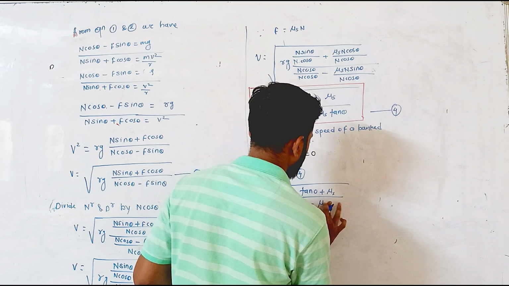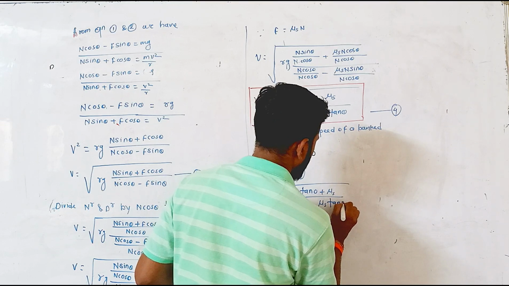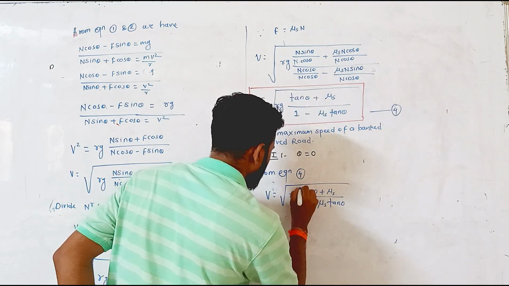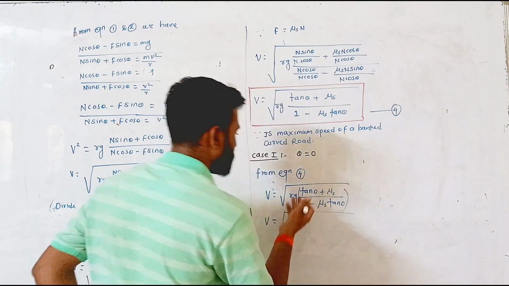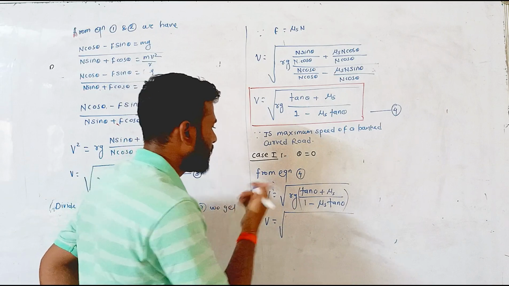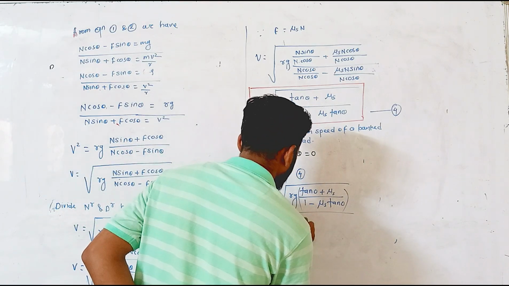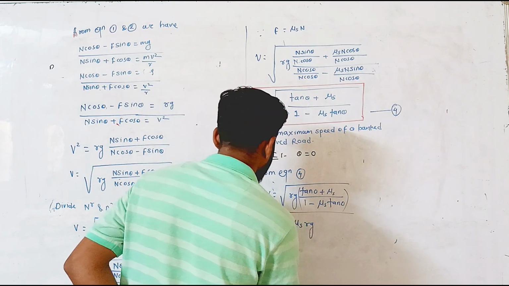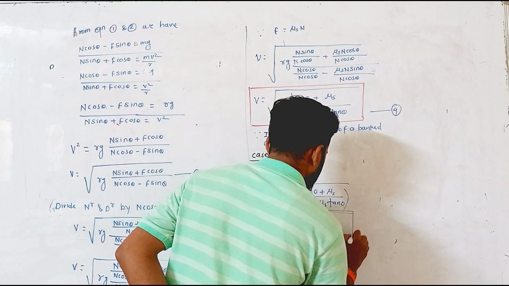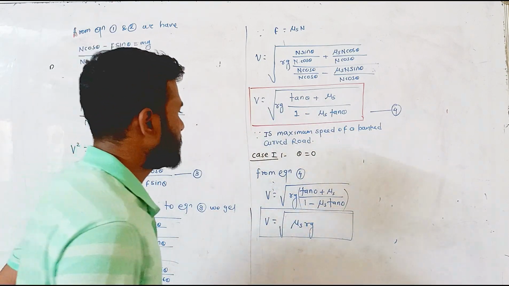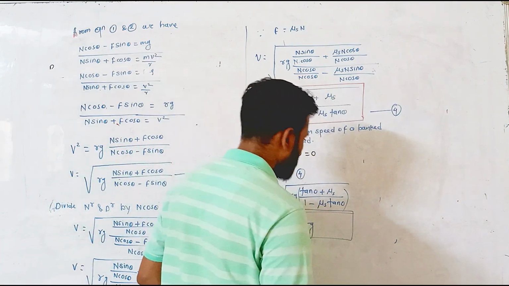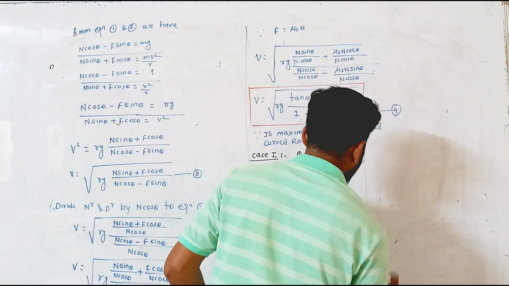So tan 0 plus mu s upon 1 minus mu s times tan 0. So v equal to under root rg mu s. This is the maximum speed when angle theta equal to 0.